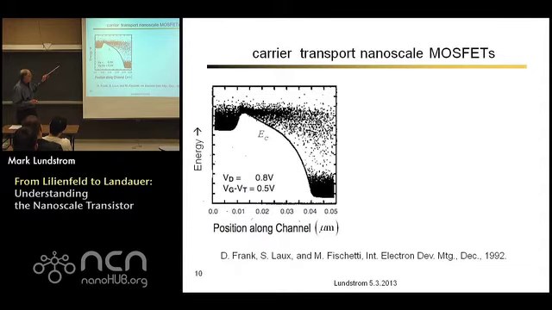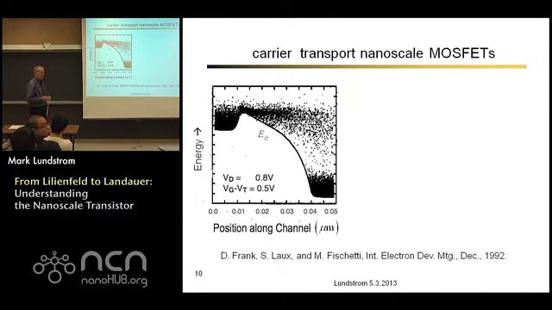And every dot there is an electron that's being tracked through the device by the computer as it's accelerated by the electric field, as it scatters by emitting a lattice vibration or bounces off of an ionized impurity, goes off in some random direction, is accelerated by the electric field again, and either comes back out the source where it came in or goes out the drain and contributes to the drain current.